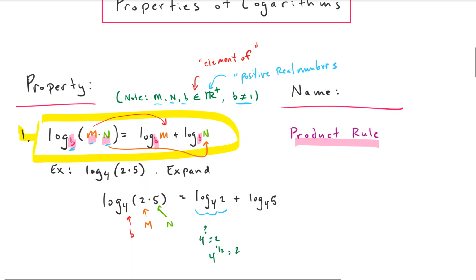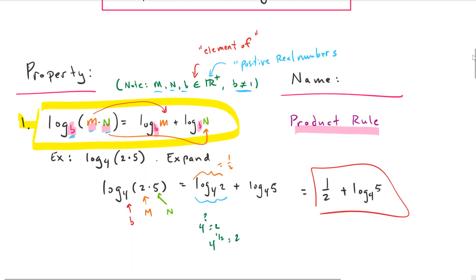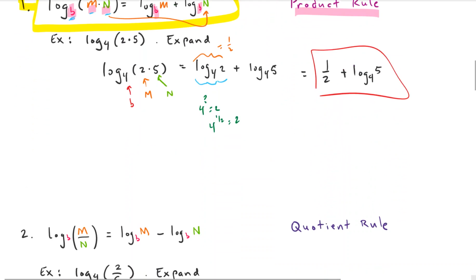And the 1/2 power is the same thing as a square root. So this quantity is really the same thing as 1/2. So if we add that, 1/2 plus log base 4 of 5, then we can say we are done. No problem, right?